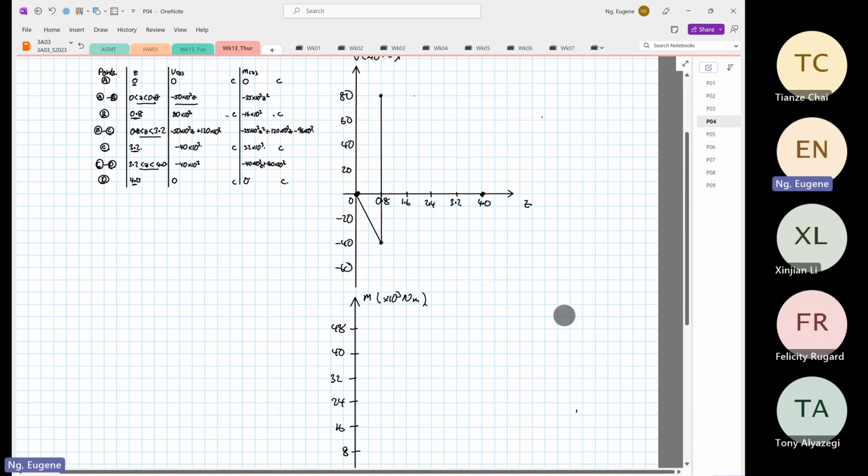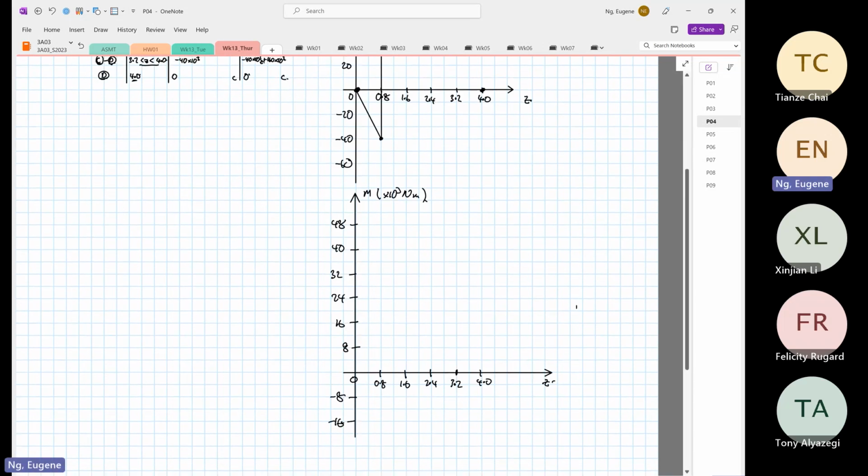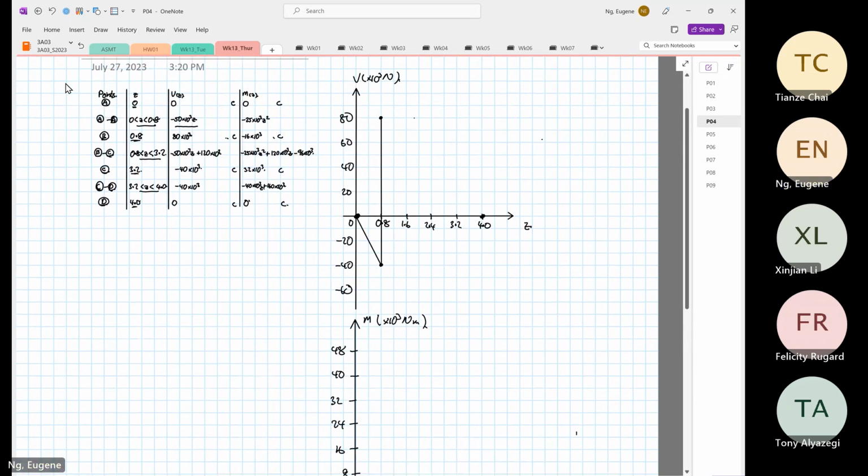Okay, so if you look at point B, your moment, so at point A is 0 down here, right? I think I will copy this and paste so you can see better.